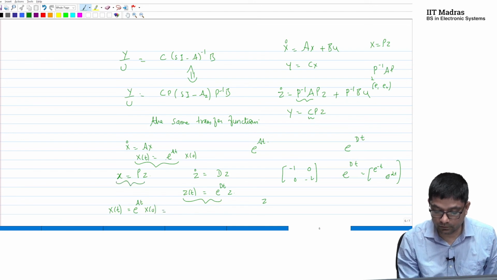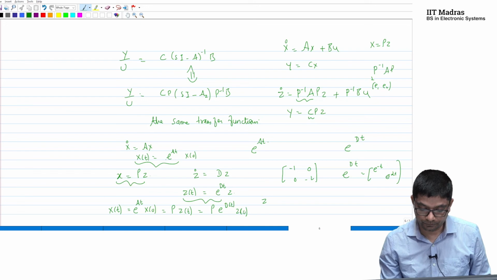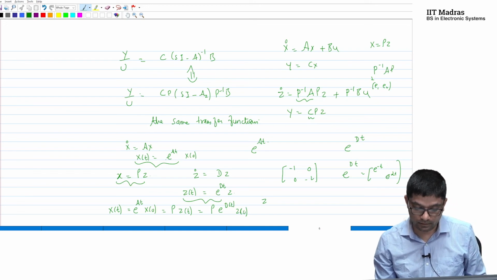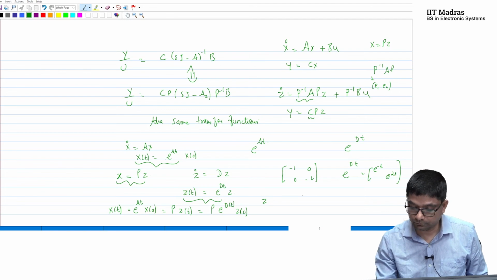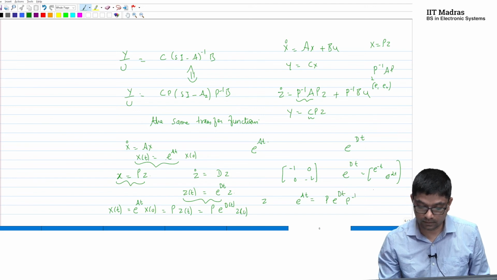This is also equal to P times z of t. What is z of t? z of t is e power Dt z of 0. So, I can write now my e power At as simply P e power Dt P inverse.